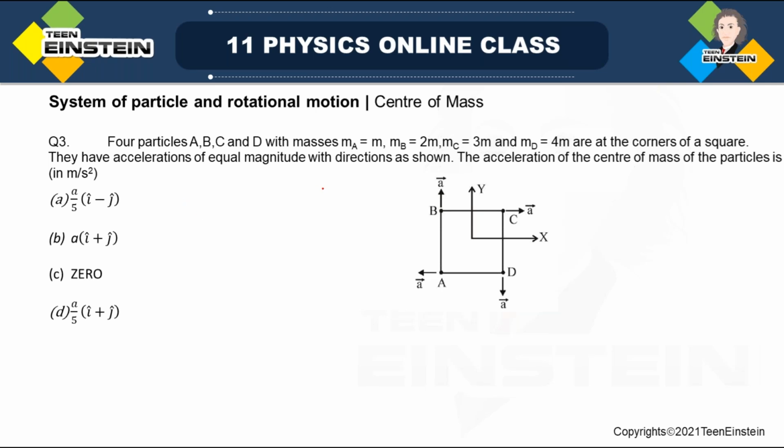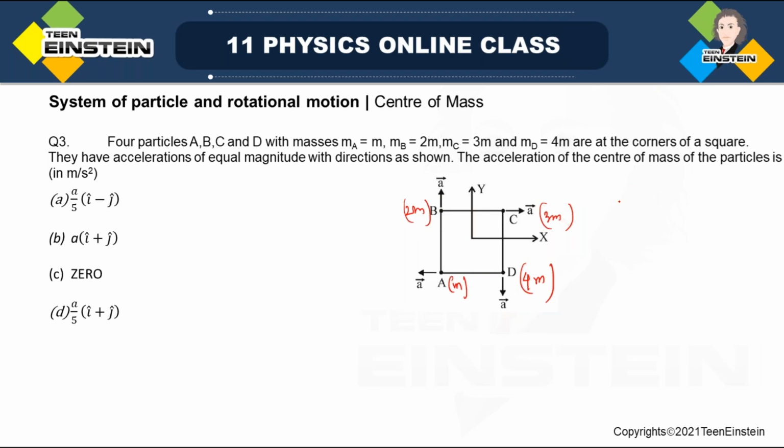So in this case, there are four particles A, B, C, D having masses. This is having mass m, then mb is 2m. I'm just writing here. mc is actually having 3m mass, and this has 4m.